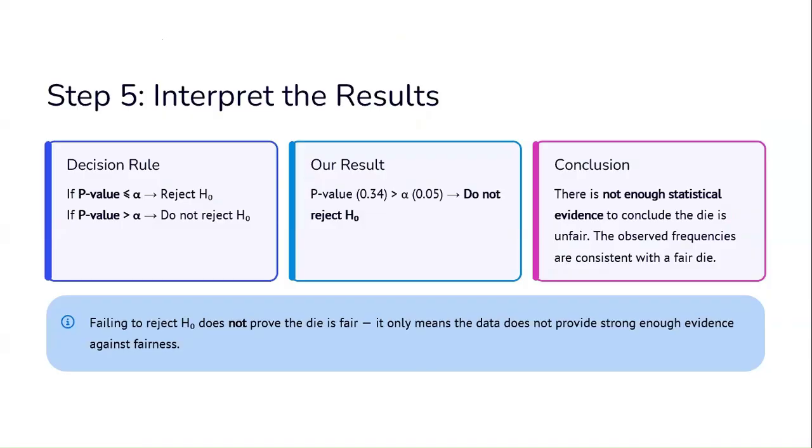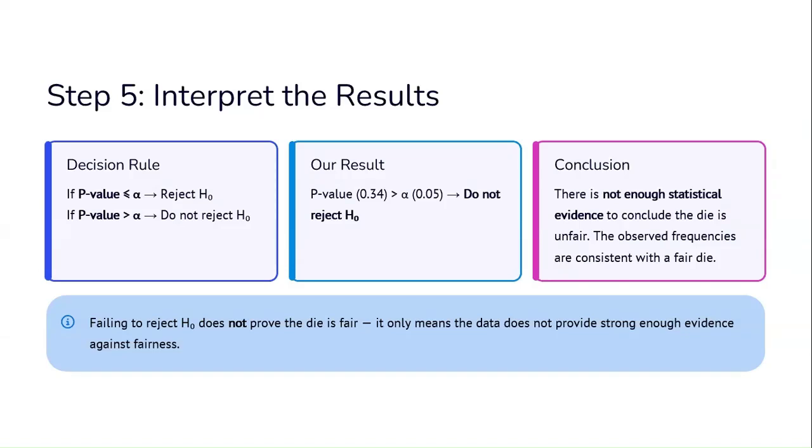Finally, we interpret the results. The decision rule is: if the p-value is less than or equal to alpha, reject the null hypothesis. If the p-value is greater than alpha, do not reject the null hypothesis. In our example, the p-value is 0.34, which is greater than 0.05.